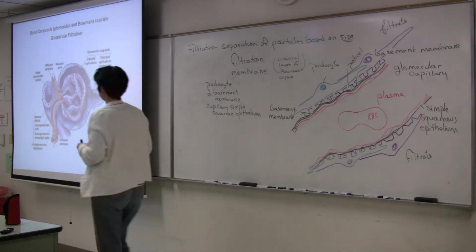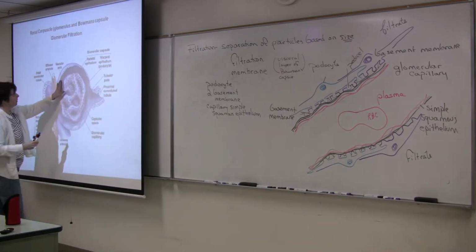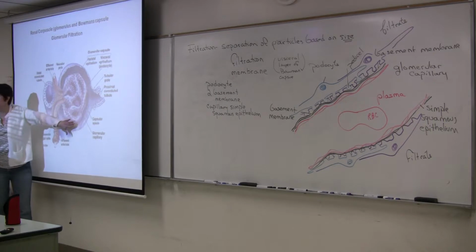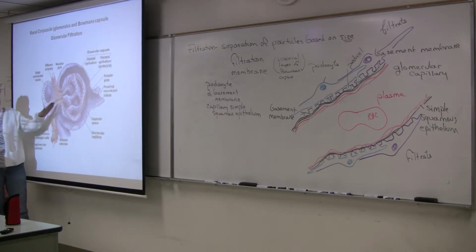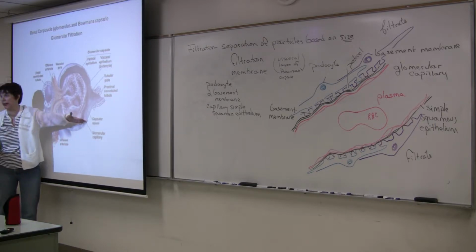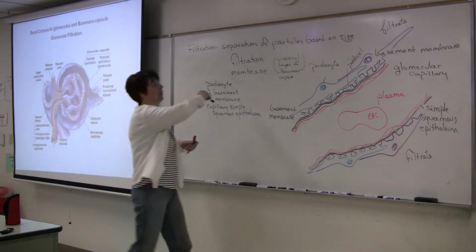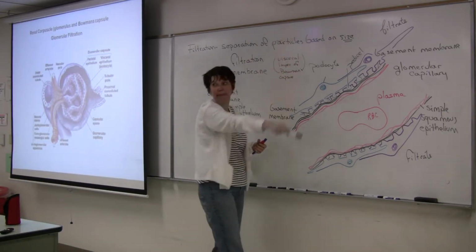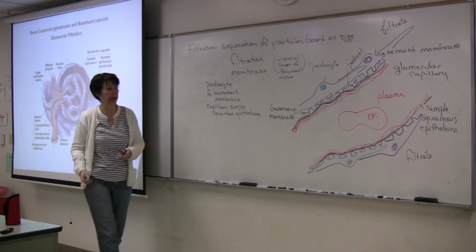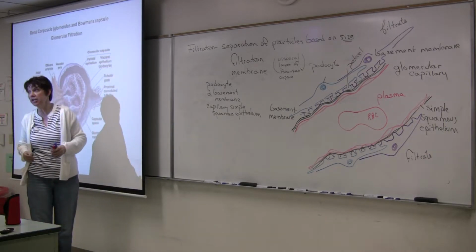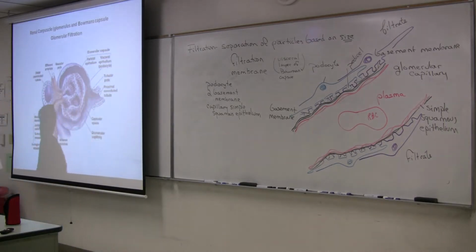In other words, the filtrate is going to be out here in our capsular space. All right, so the blood's in our capillary, and we push the fluid and small particles out, and it enters into the capsular space. So if I were going to really define out here, I would have the parietal capsular layer forming the outermost boundary.